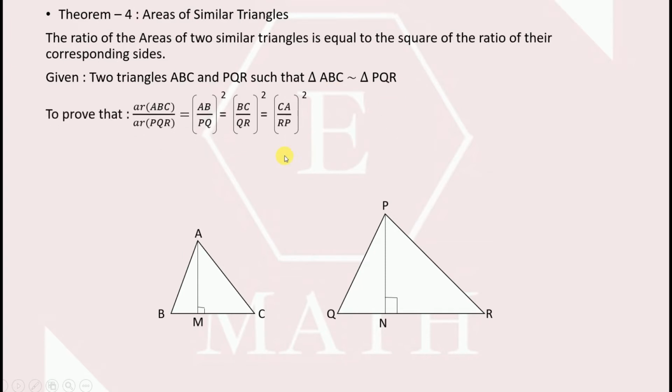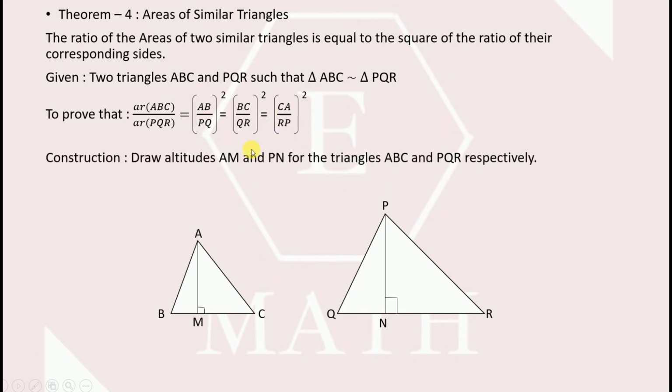Okay, now what we need to prove is the ratio of area of triangle ABC by area of triangle PQR will be equal to the square of the ratios of corresponding sides, right? So AB by PQ the whole square is equal to BC by QR whole square equal to CA by RP the whole square. Now construction. So what we do is draw altitudes AM in this triangle and PN in this triangle, which is perpendicular.